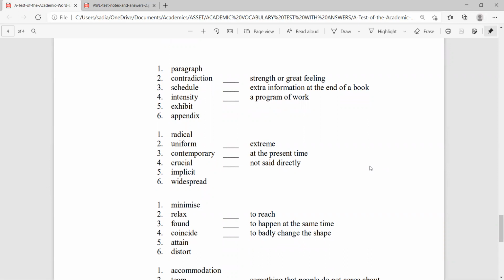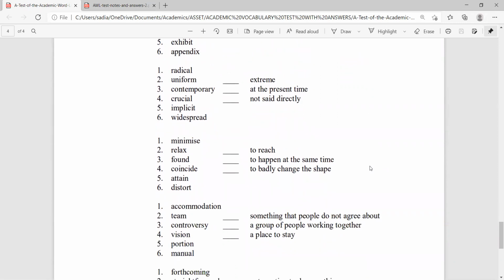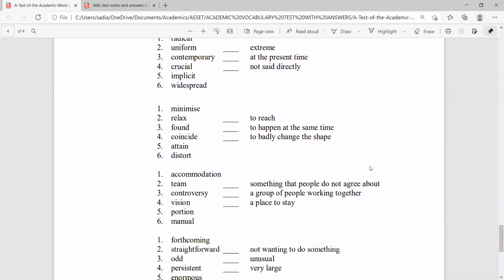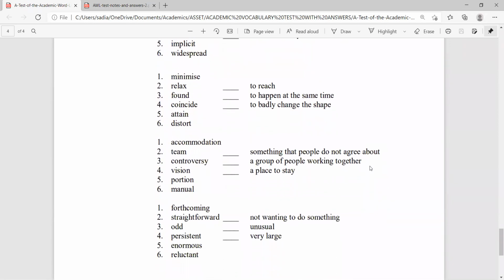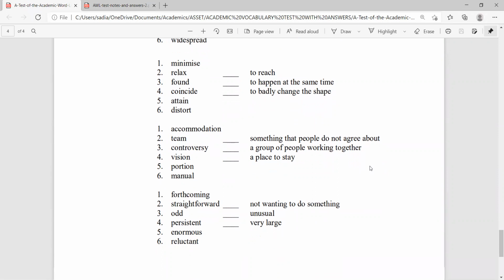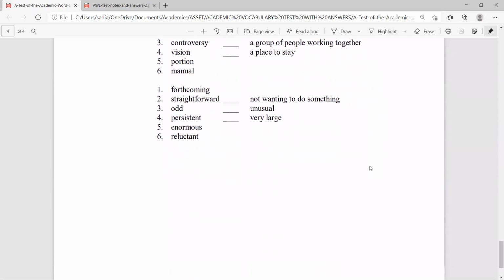Let's proceed. Pause the video. Let us see if we have any more exercise. I believe that is all.